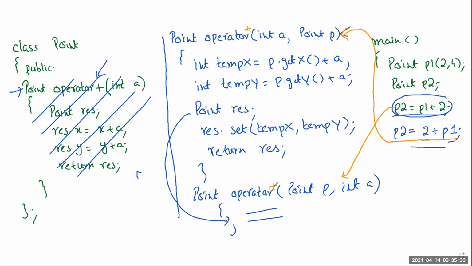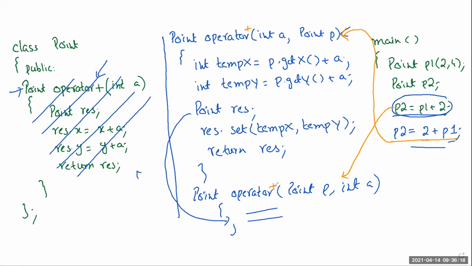But if someone reverses the order, meaning integer then point, then on the left side we always expect an object if we are doing operator overloading with a member function. To avoid this scenario, if we use a non-member function, then this problem will not arise. Now the user can write point first, integer later, or vice versa, and both of these will work.